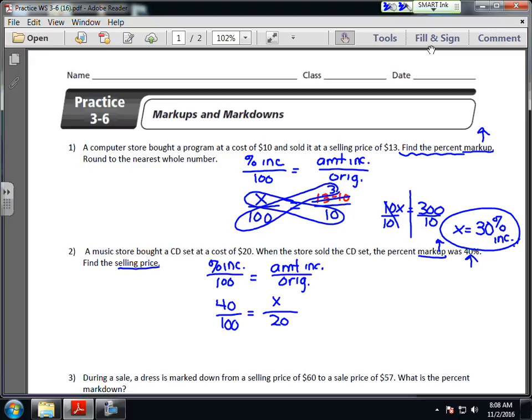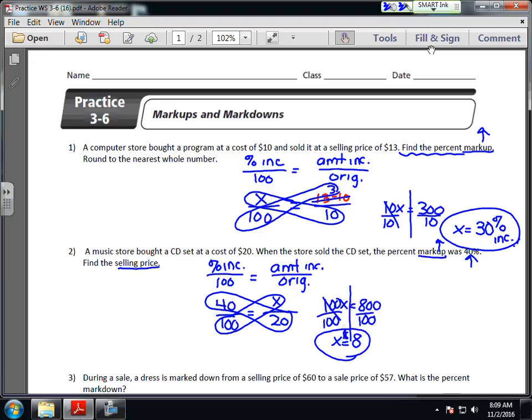All right, so let's go ahead and do 100 times x is 100x equals 20 times 40. What do you get when you do 20 times 40? Yeah, you get 800. Divide both sides by 100, and we end up with $8.